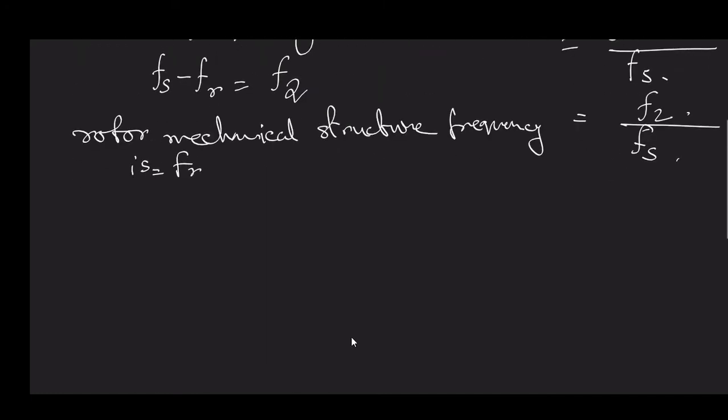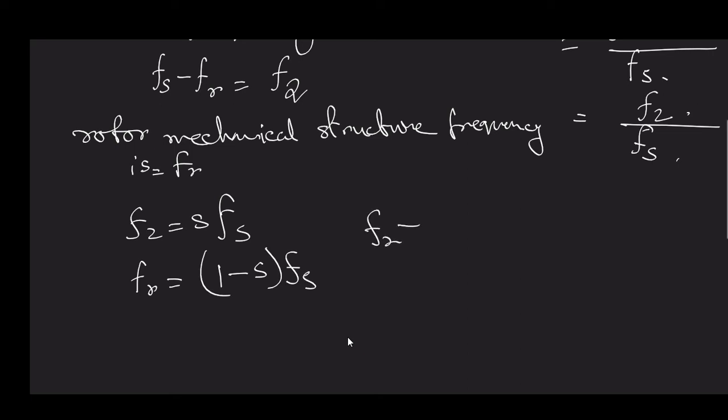Now it is clear that F2 is equal to S Fs, and Fr is equal to (1 minus S) Fs. If you add F2 plus Fr, then you will get S Fs plus (1 minus S) Fs, that is Fs.